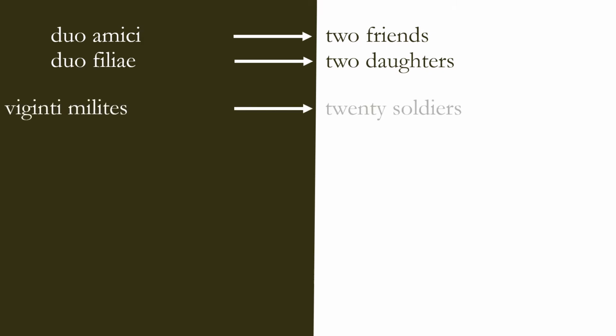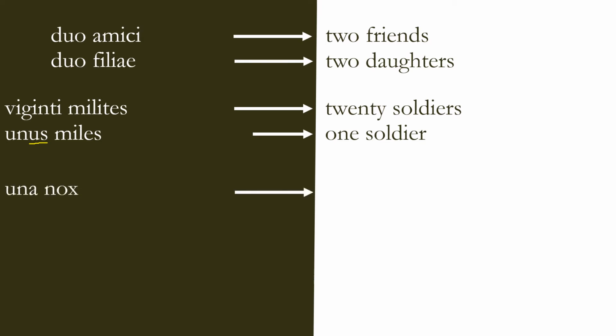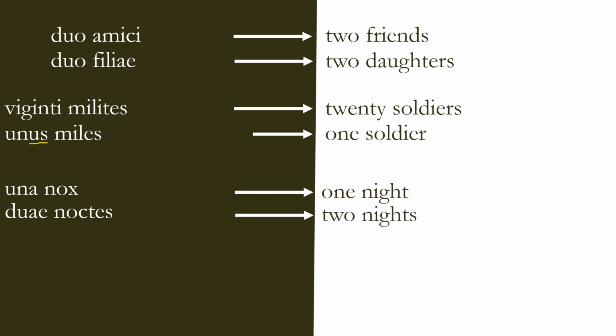Viginti milites, 20 soldiers. Unus miles, one soldier. And we know because of the us here that a soldier must be masculine. Una nox is one night. Duae noctes, two nights.